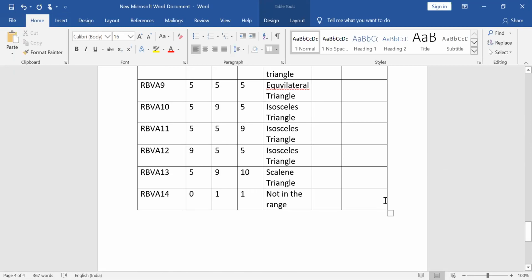Similarly, RBVA 15: change that to 1 0 1, same thing, not in the range. Control C, Control V, that's it.